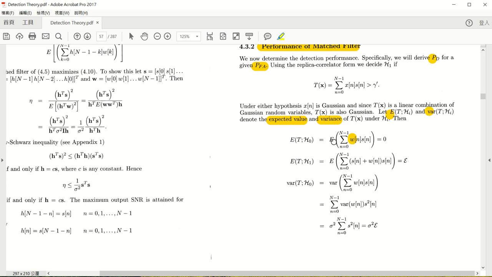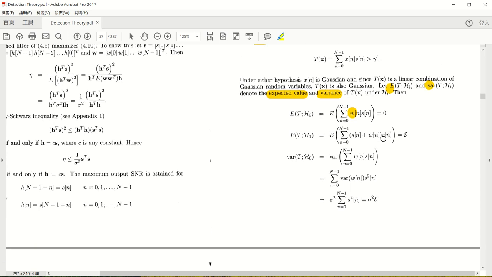So when you take the expectation of this whole thing, it becomes zero, because this is a constant. You can take it out and it becomes the expectation of the summation of omega W, but W is zero mean, so the outcome will be 0.